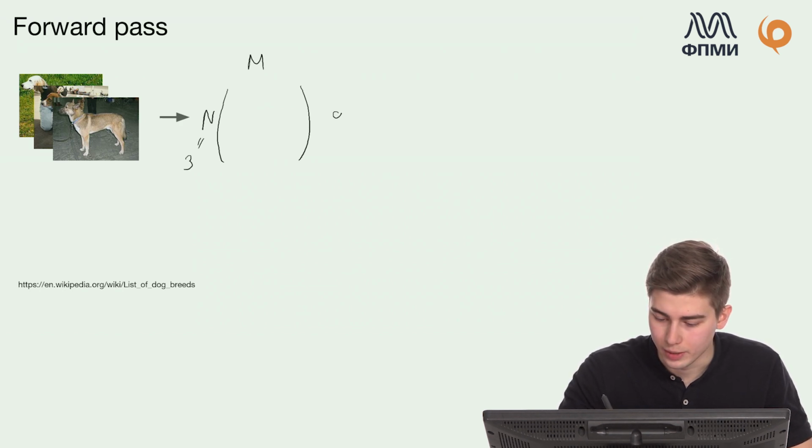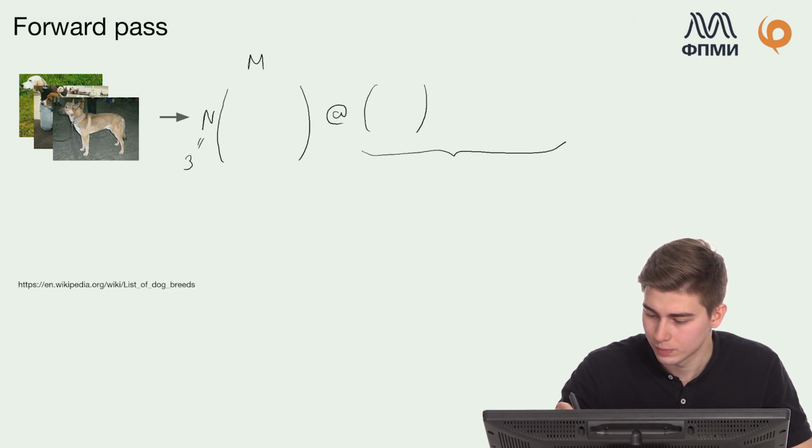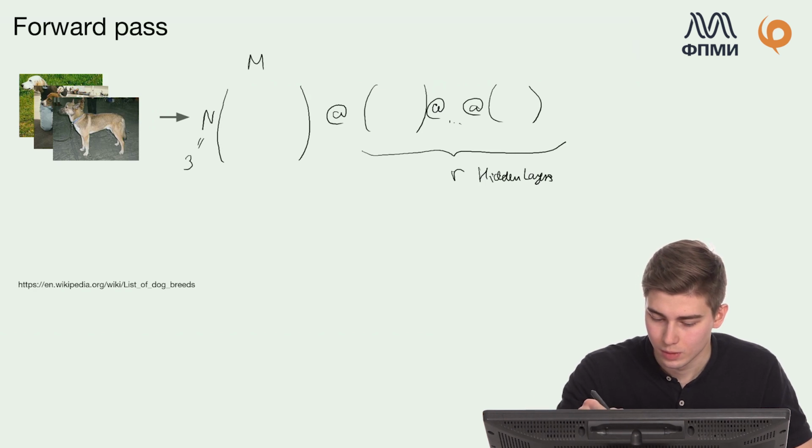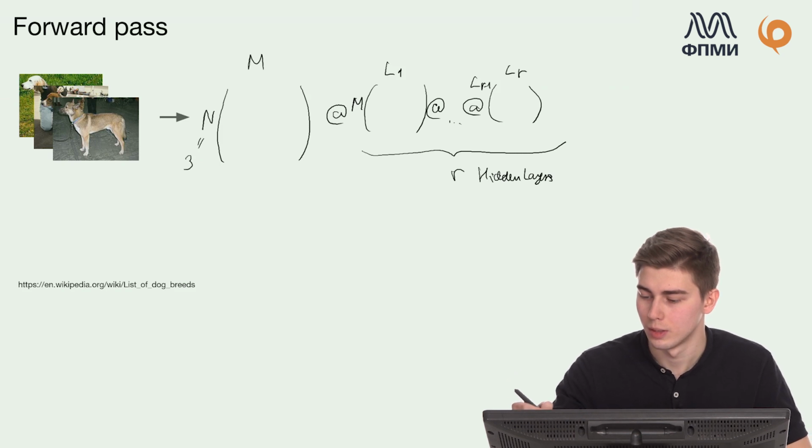And then we apply the weight matrices of our hidden layers, one after another. Their shapes are m by m1, and so on, and l r-1 by lr.